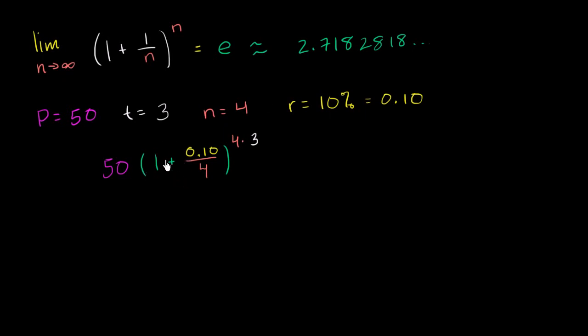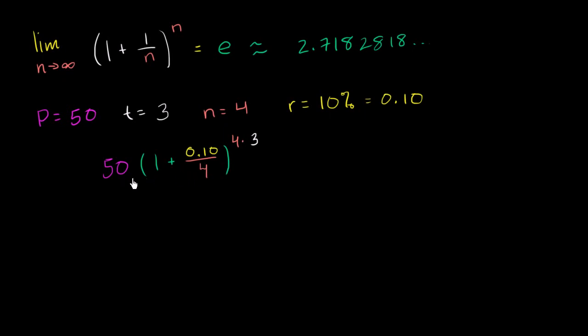The whole point of this is just to use real numbers to see why this makes sense. This is your principal. Each time you're going to be multiplying that times 1.025, or growing it by 2.5%, and you're going to do this 12 times because there are 12 periods, 4 periods per year times 3 years. So this is going to be how much you have to pay back.